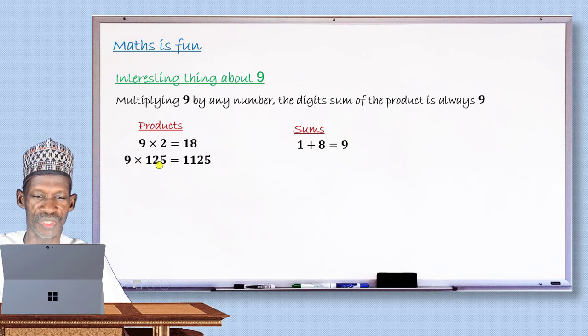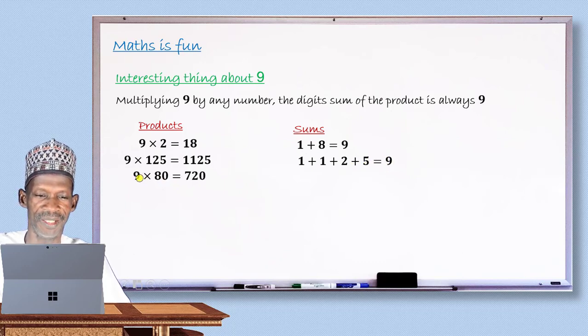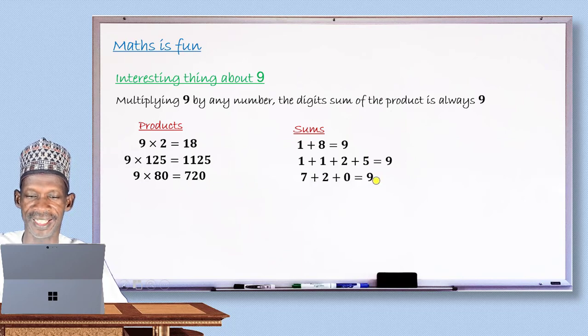So 9 times 125, if you do it correctly, you have 1125. If I add these digits in this result, 1 plus 1 plus 2 plus 5, sure it will give me 9. Let me take another number, 80. 9 multiplied by 80, this is the result, 720. If I add the 7, 2, and 0, it will give me 9 again.